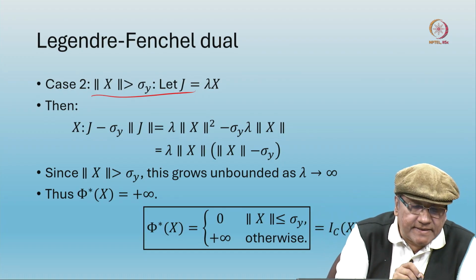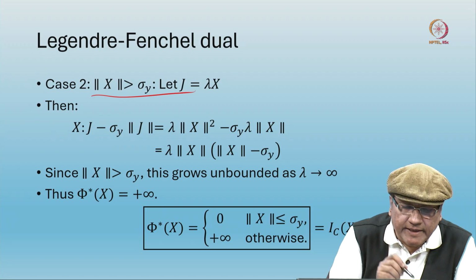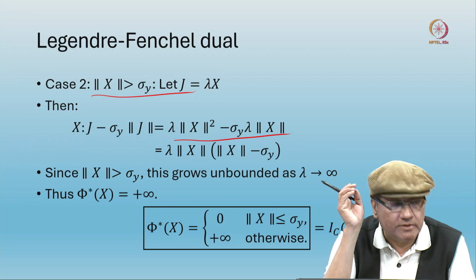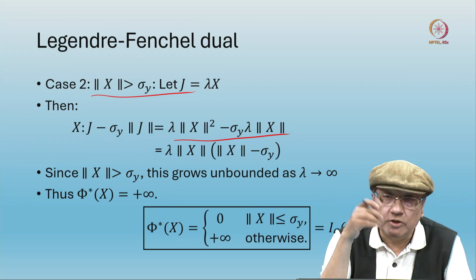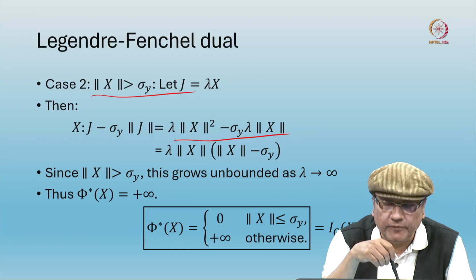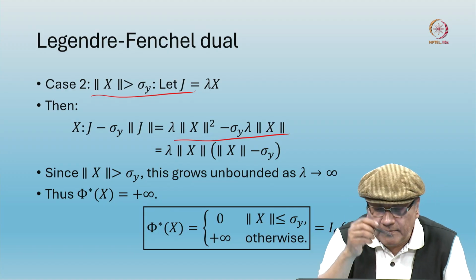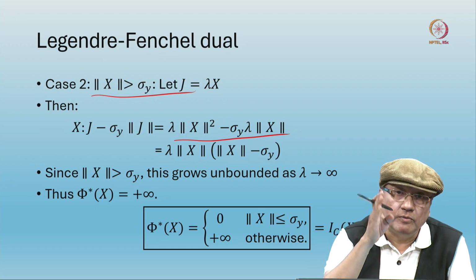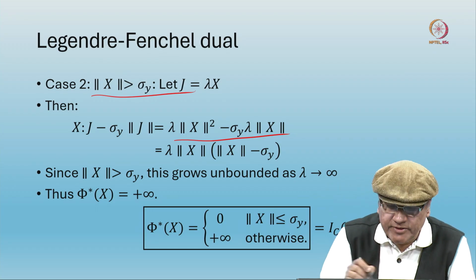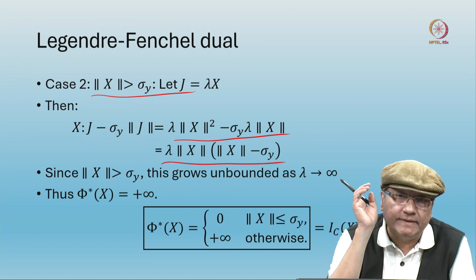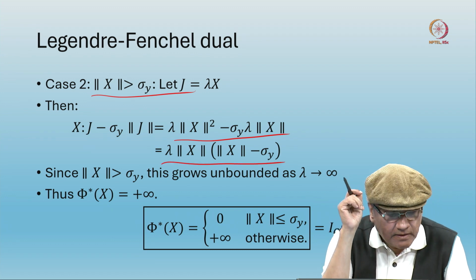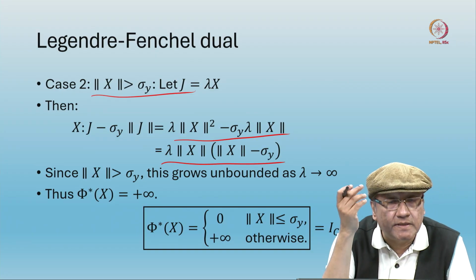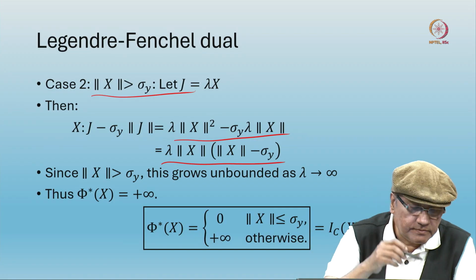In that case, x inner product with j minus sigma y norm of j, putting j equal to lambda times x, gives lambda times the norm of x squared minus sigma y lambda times the norm of x. This is just algebraic manipulation, obtained by factoring it out. But we have already said that the norm of x is greater than sigma y, that is the case for us now.